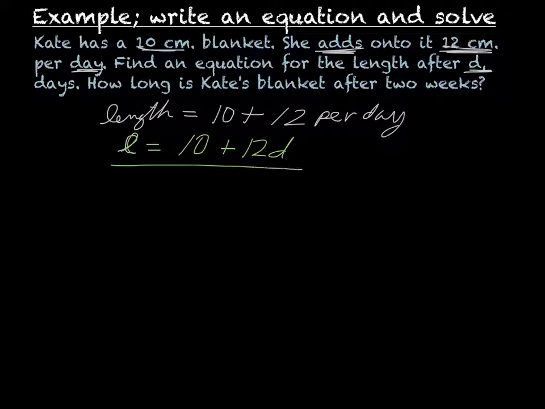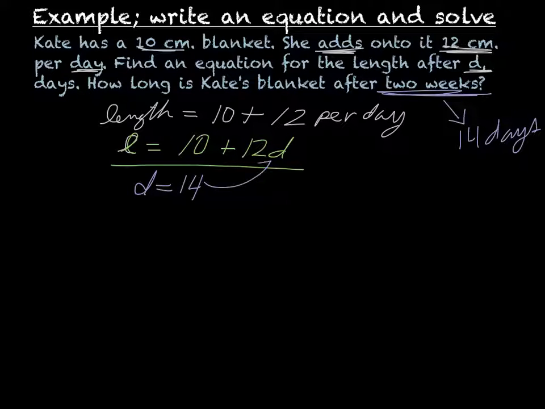So 12 times the number of days. So that's my equation. Now I'm going to figure out how long is it if she's been working on this blanket for 2 weeks. So 2 weeks is 14 days. Okay, so that means D is going to be equal to 14. And then I can just put 14 in for D and evaluate the equation like I did before.